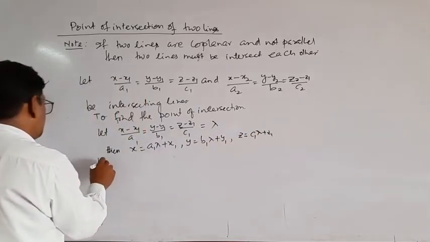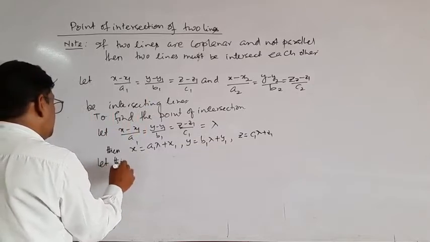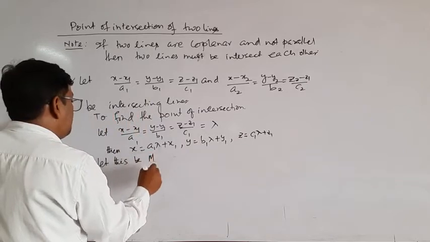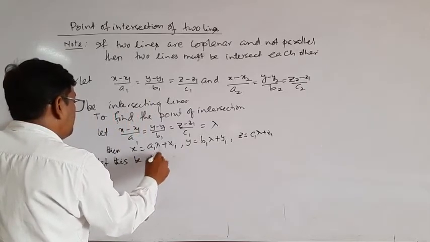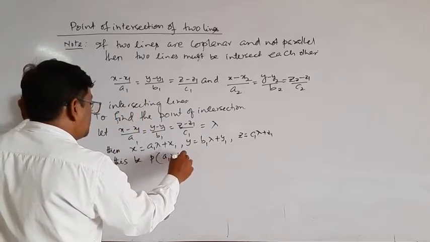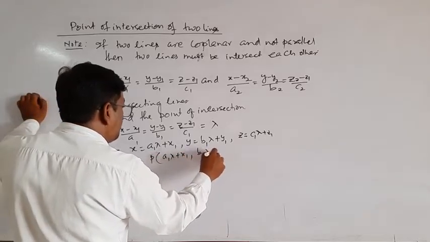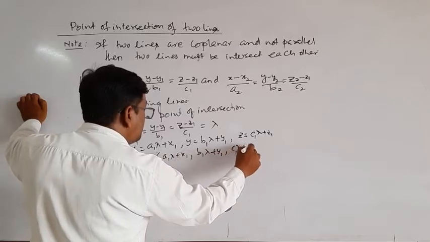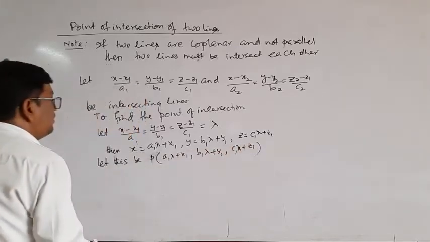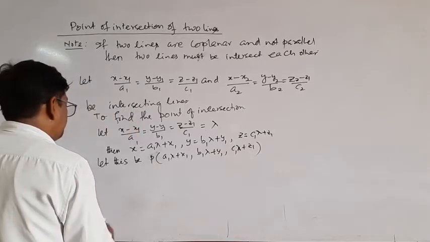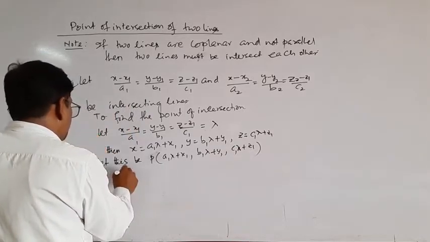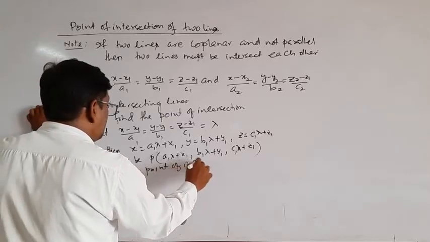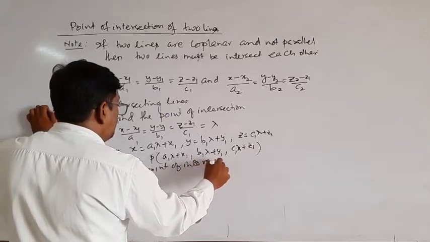Let this point P, a1 lambda plus x1, b1 lambda plus y1, c1 lambda plus z1, be the point of intersection.